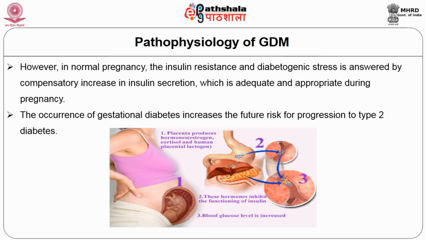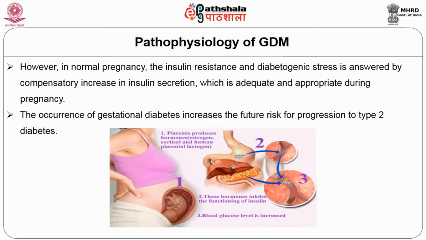And the pathophysiology of GDM is due to increased production of estrogen and progesterone, stimulating beta cells, leading to hyperinsulinemia, resulting in low fasting blood glucose, whereas during the second and third trimester, placental lactogen, prolactin and cortisol, which are counter-regulatory hormones, lead to insulin resistance.